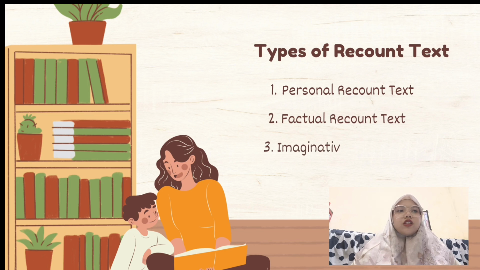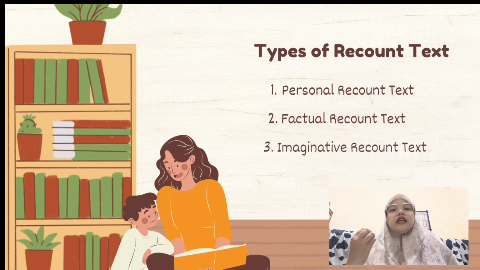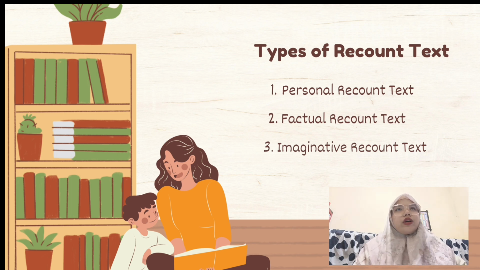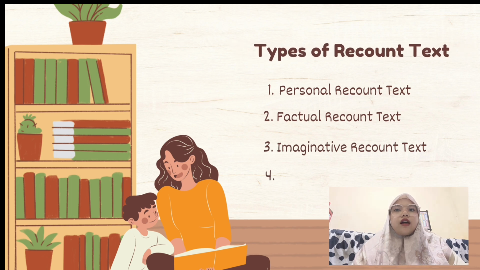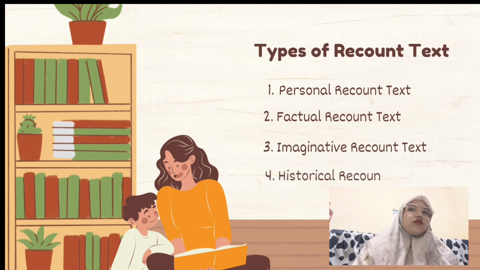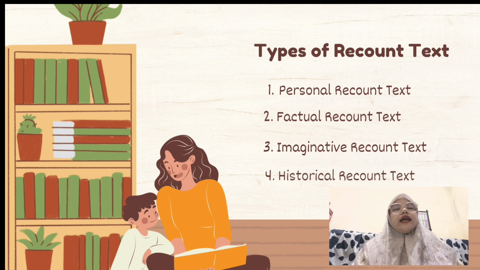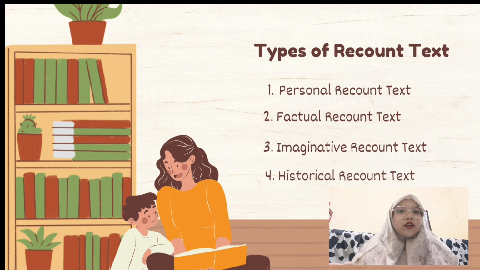And the third is imaginative recount text. It is a fictional story written in the recount style, such as pretending to be a character in history. The last is historical recount text. It is a text that contains a historical story, of course in English, because we learn with the English language.